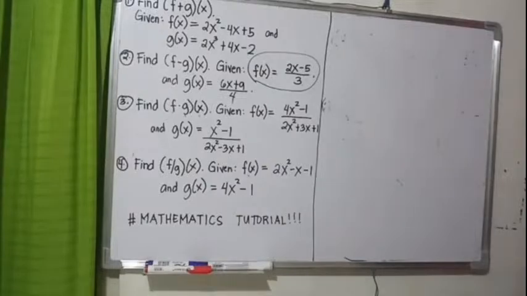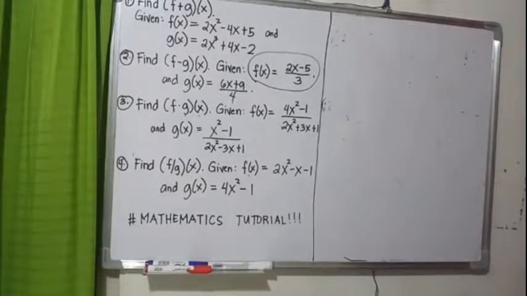So, how about yung question ni Jake? How about example is f times g, tapos ang value ng x is 2. Okay. So, i-substitute lang natin yung value ng x.